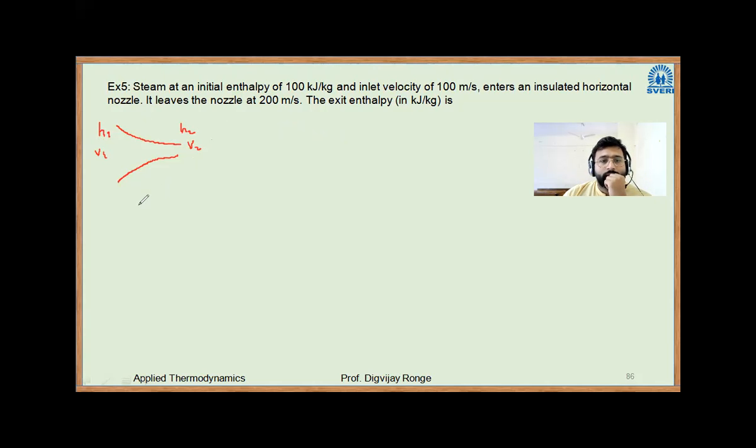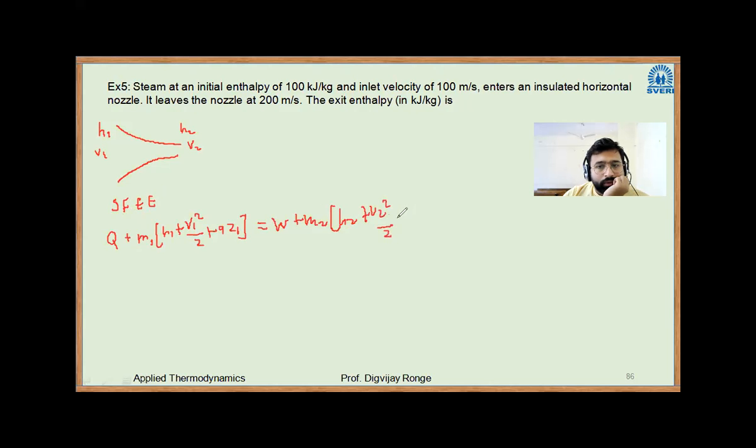So again, in this case, I will write down the SFEE equation. What is the SFEE equation for control volume? So we know that the SFEE equation is Q plus mass flow rate into (H1 plus V1 square by 2 plus gZ1) is equal to W plus m2 into (H2 plus V2 square by 2 plus gZ2).